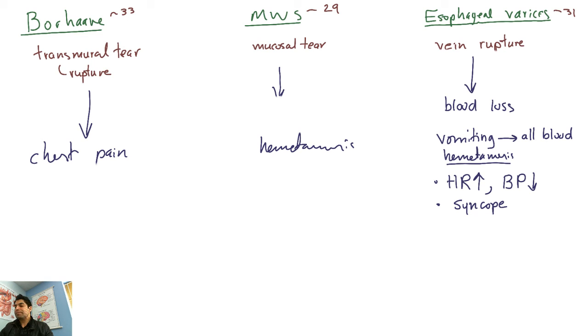In this case, you would expect this person to have food in the mediastinum. When you have food in the mediastinum, what could happen to the mediastinum? Infection. So mediastinitis. Very good.